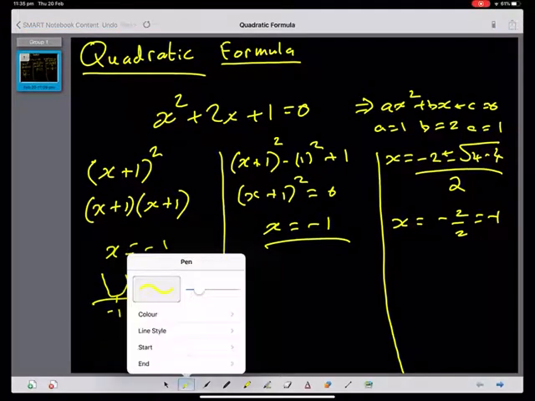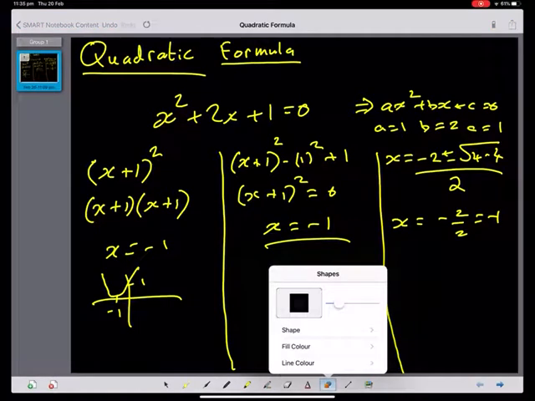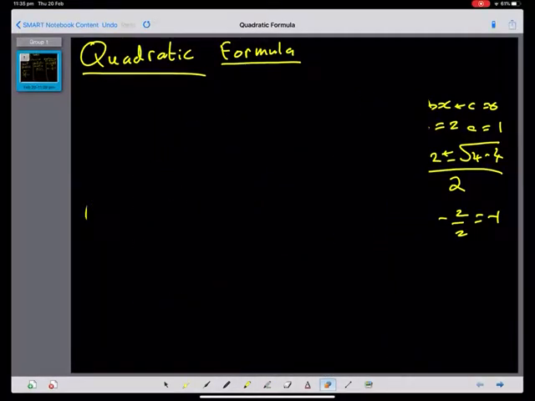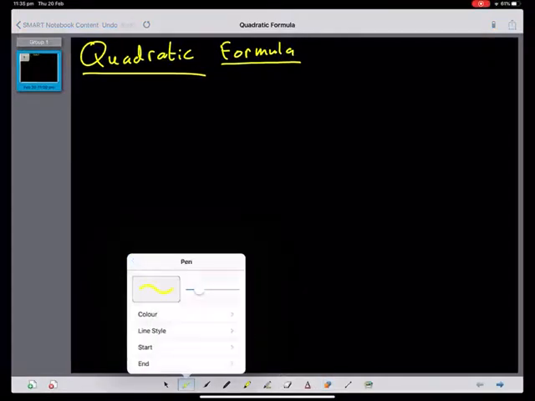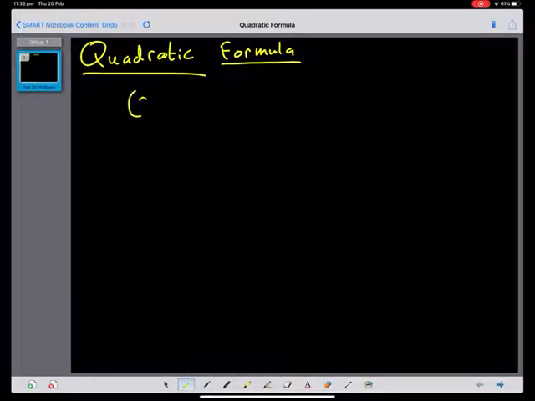Okay, so let's have a look at how we derive the quadratic formula. I just want to show that if we have x minus b times x plus b, this gives a difference of 2 squares, so we get x squared minus b squared.